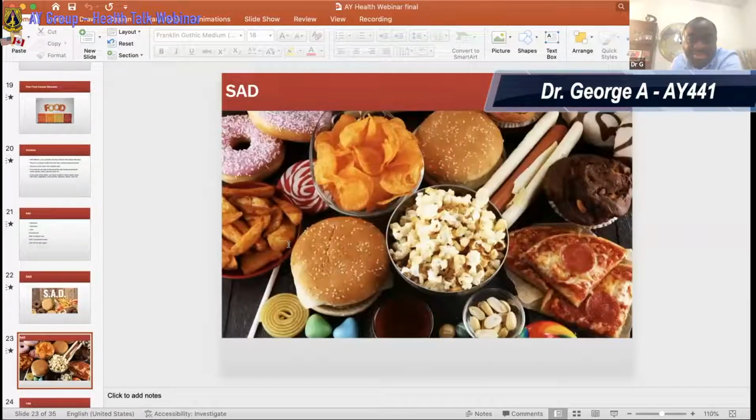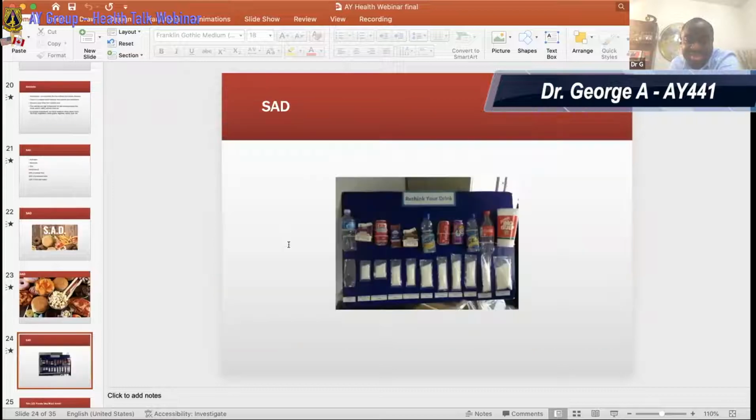These are some potato chips, brownies, and all that stuff. When you continue to take all these things, you are guaranteed to have a form of a big disease like hypertension, stroke, cancers.